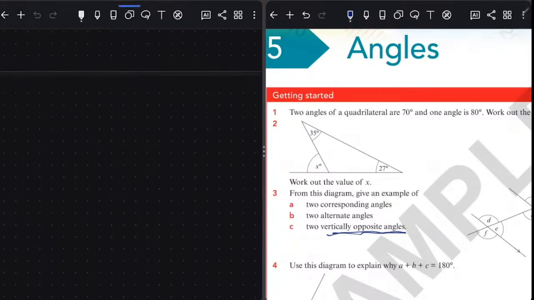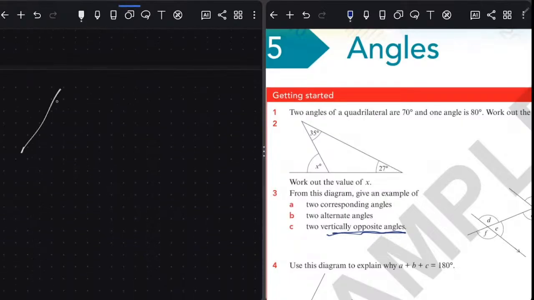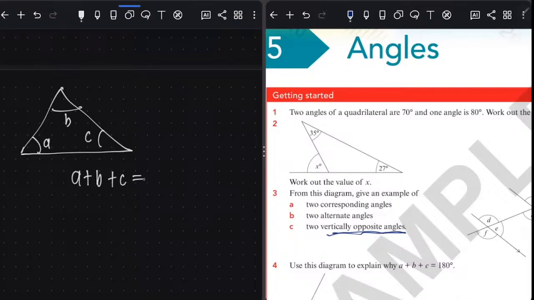We're doing angle properties. I want you to know that when you add all the angles in a triangle, you must get what? You must get 180 degrees. So this one is easy, right? Now there's another one which they can do. Let me show you what they can do.